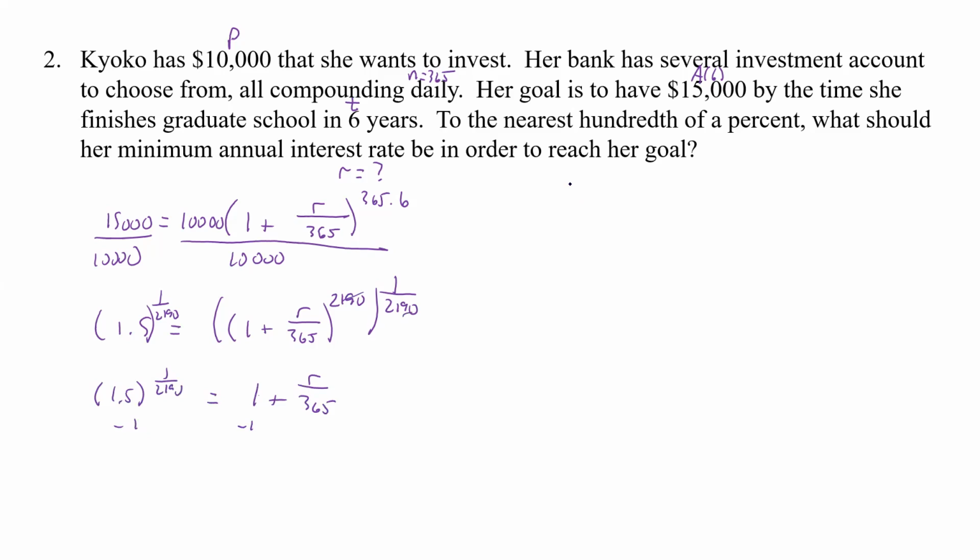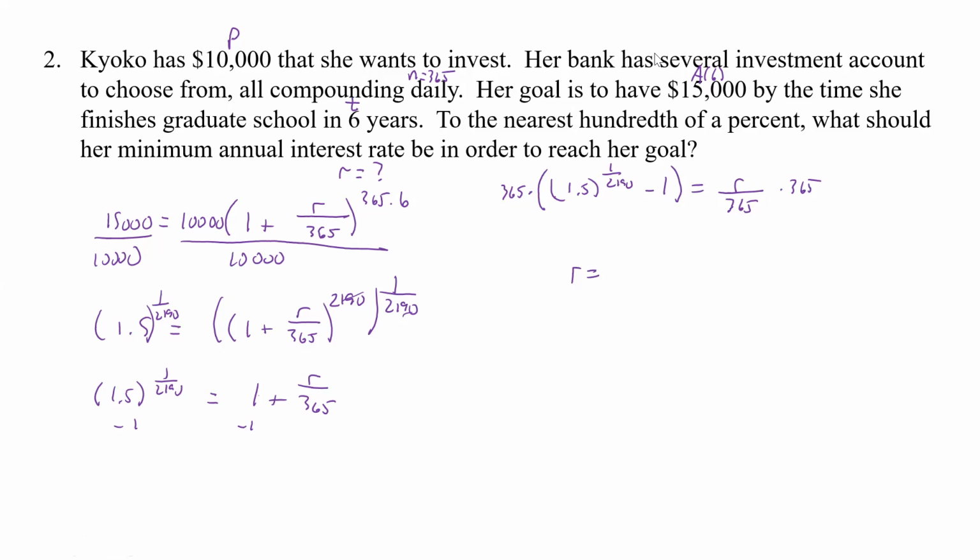Now that gives me 1.5 to the 1 over 2190 minus 1 equals r over 365. Well, to solve for r, I'm going to have to multiply both sides by 365. So I'll have to multiply that whole thing by 365. And now I have to plug this into my calculator.